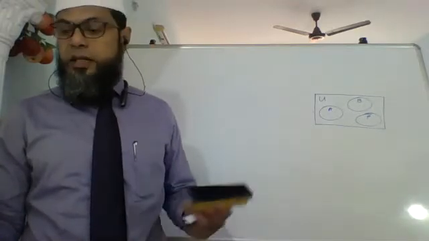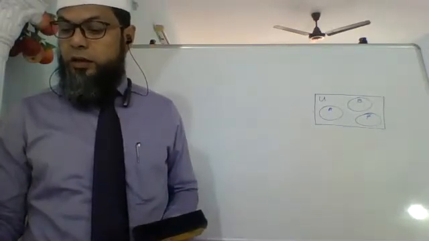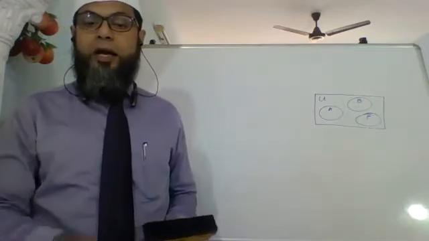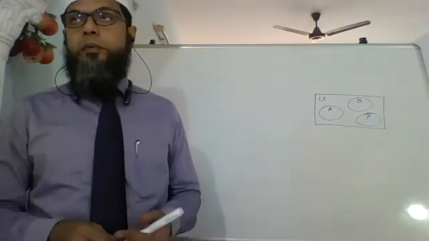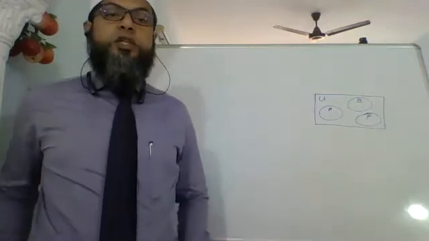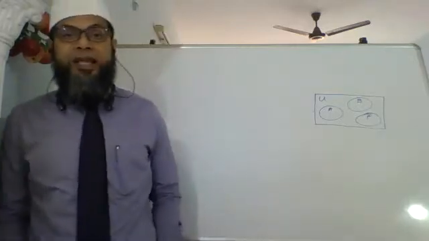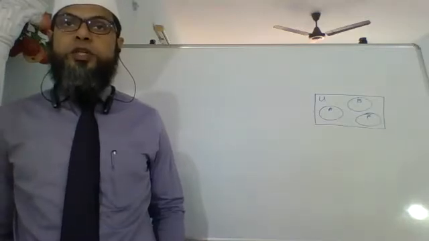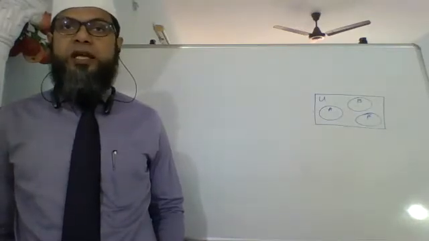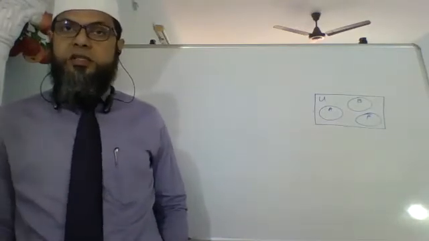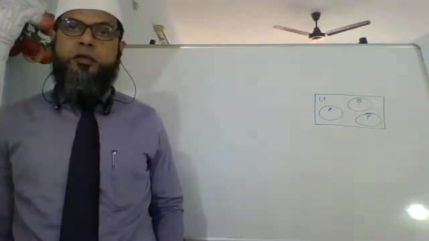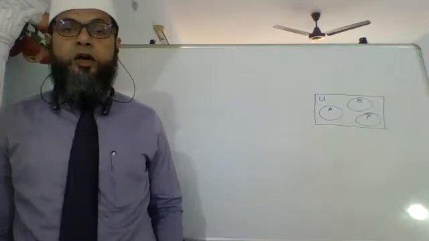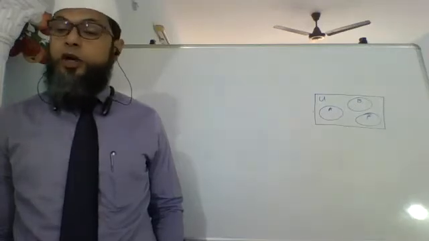For example, again the same thing. If I were to say all students in your school, that will be my universal set, whereas my other sets like students of 9th standard, students of 9th A, students of 9th B, students of 8th A, students of 8th B, all of this will be part of your universal set, that is students of your school.